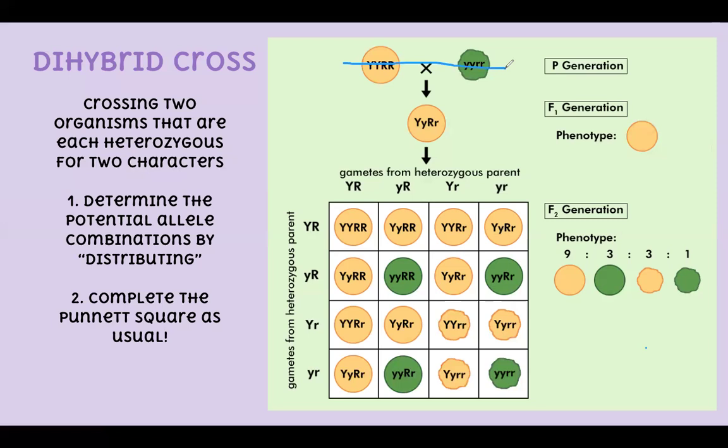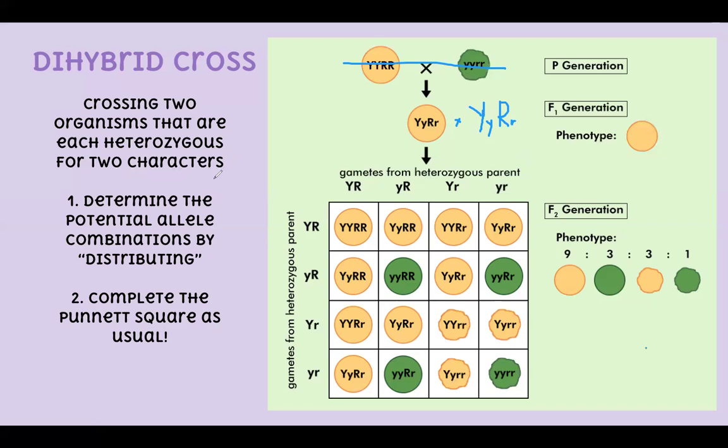So go ahead and ignore those. That's just showing how we got here. So we have big Y, little y, big R, little r times itself. Whoa, this is challenging to write on. Okay, like that. That's the cross that this Punnett square is.